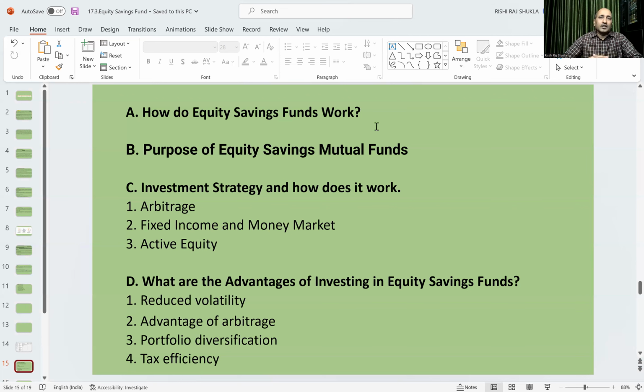If debt is generating say 6 to 7% of return, then arbitrage can also give 6.5 to 7.5% expected. It depends upon volatility of market and available opportunities. So this portion together can generate more than 12%, this 6% and 6%.